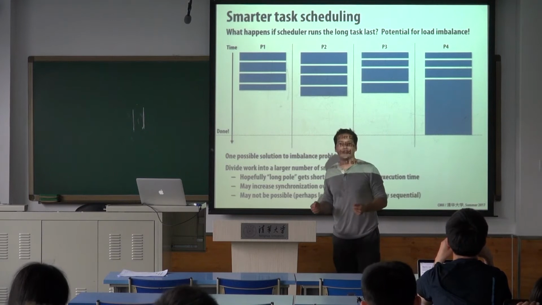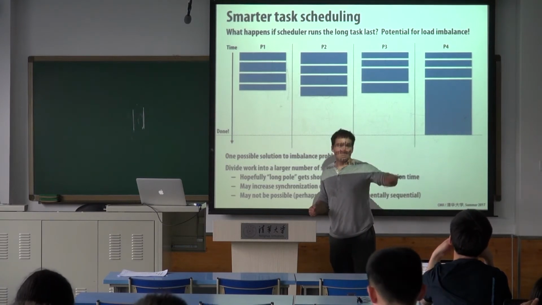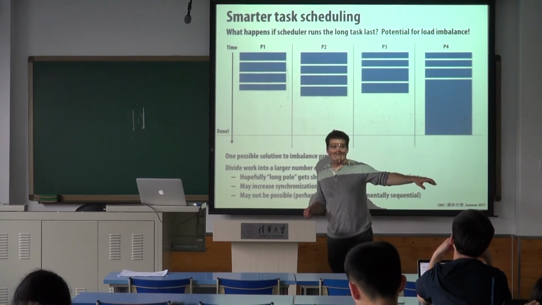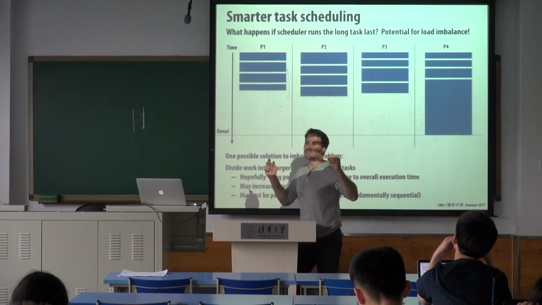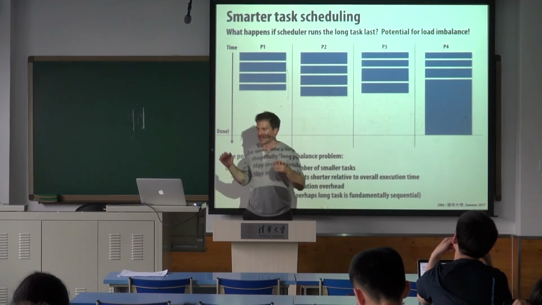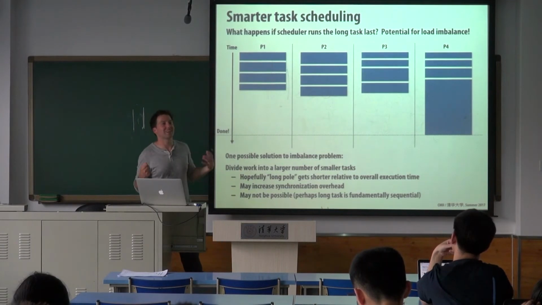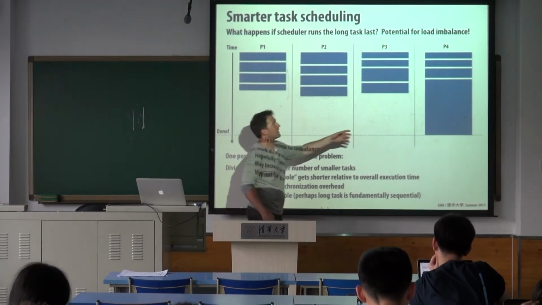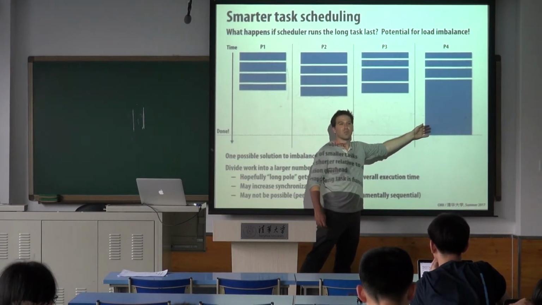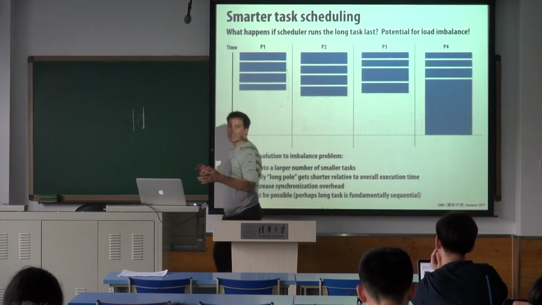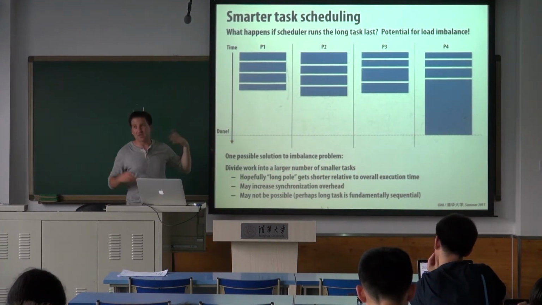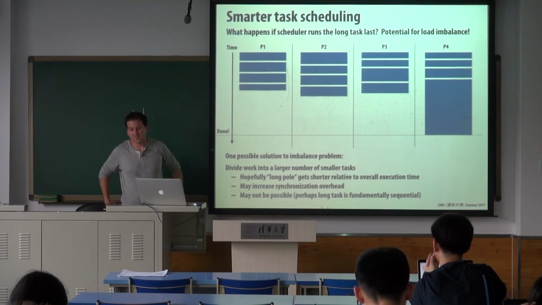And it took a really long time. So there was no other work left in the list, but the longest task came last. And so whatever thread got unlucky and got the last task, in this case, processor 4, was working for a very long time, and the first 3 processors ran out of work to do.